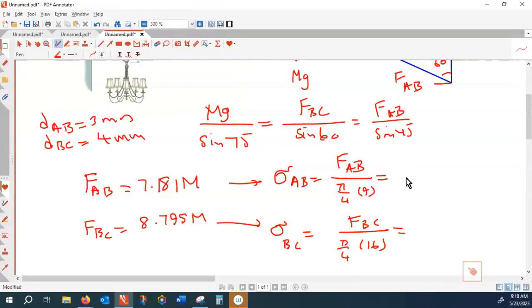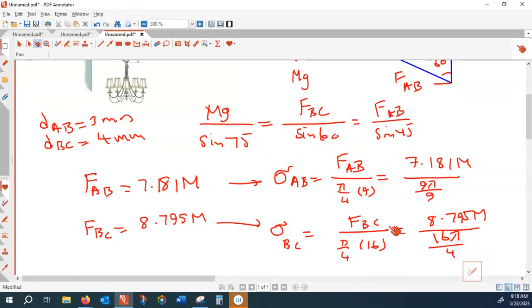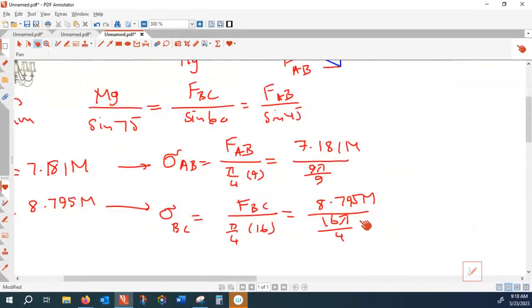So if you plug the numbers, okay, these can be simplified further.